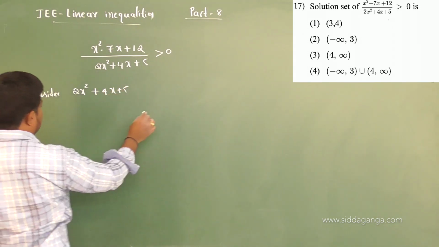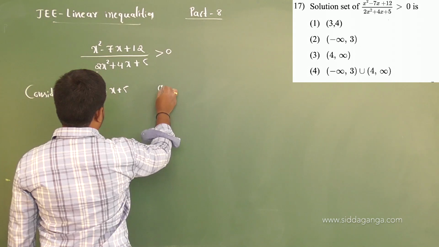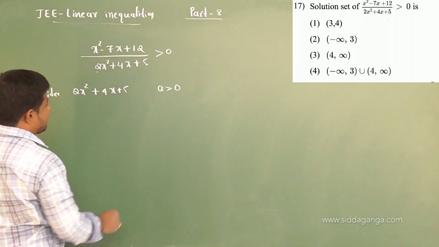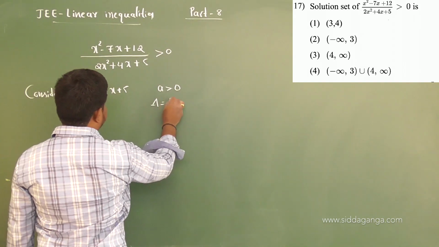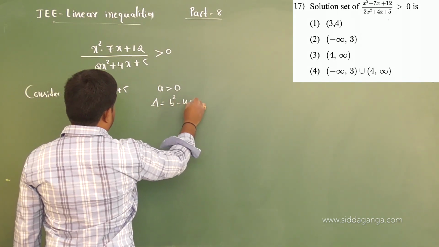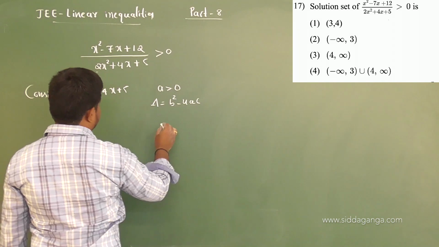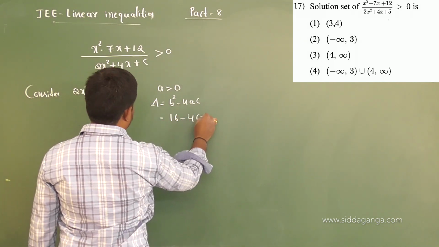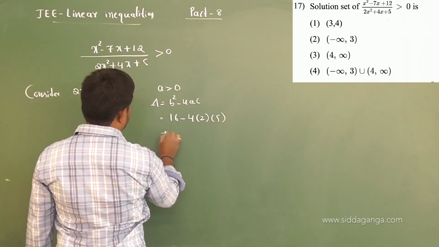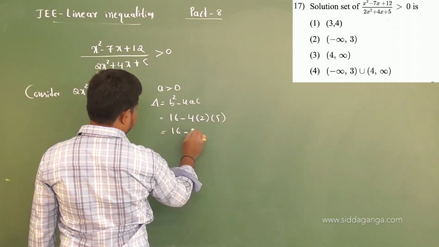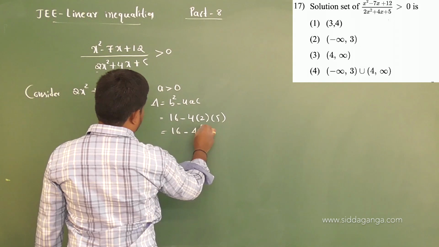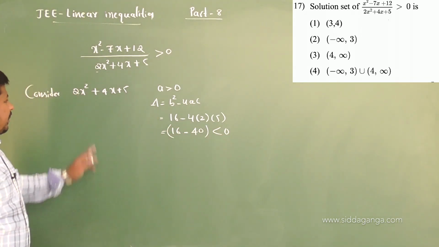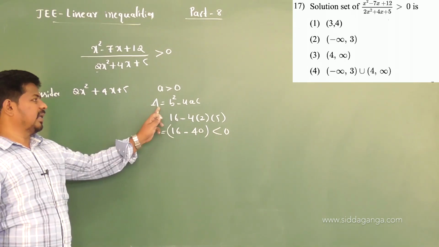In this, a is the coefficient of x square, a is 2, that is greater than 0. And the discriminant delta, b square minus 4ac, let me find the value. You get b square 16 minus 4 into 2 into 5. So 16 minus 40. So of course this is negative, right? So a is positive, delta is negative.